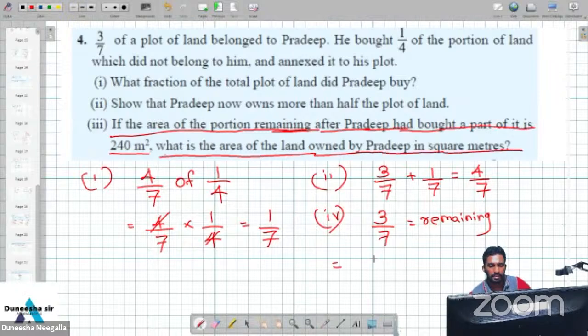How do we find it? 240 divided by 3 and multiplied by 4. Okay, how much is it? 340 square meters. Okay. After you finish, raise your hand.